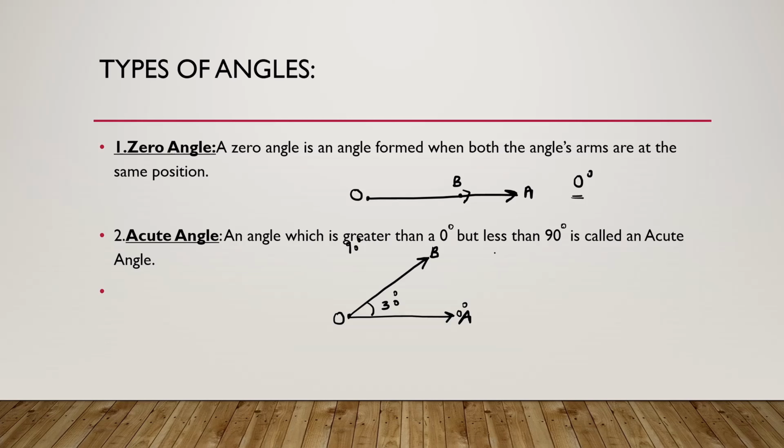Second one is acute angle, an angle which is greater than 0 degree but less than 90 degree. Suppose angle AOB is equal to 30 degree, that is an acute angle.